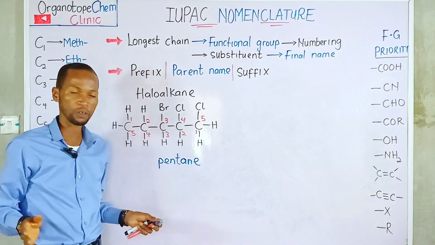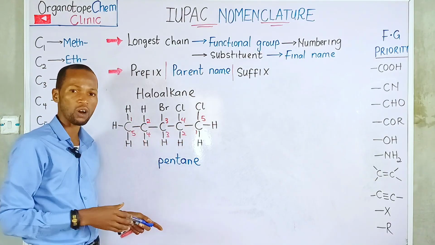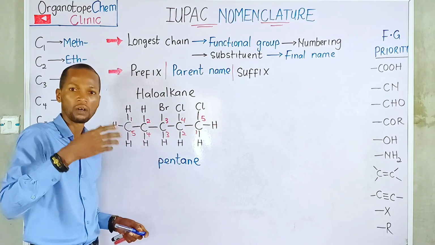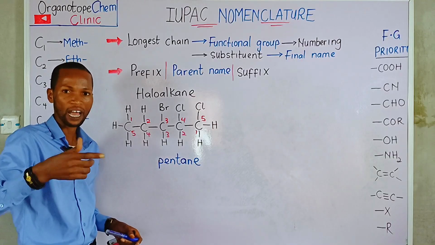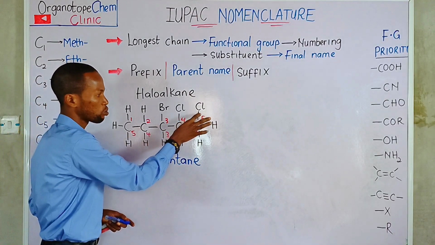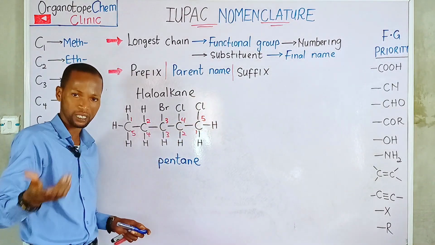Then we have a bromine atom on carbon 3. Note that in IUPAC nomenclature, when we have a similar group appearing twice, we use the prefix di. When it appears 3 times, we use tri, and 4 times is what? That's right, tetra. But we have 2 of these similar atoms right here, so we use the prefix di.